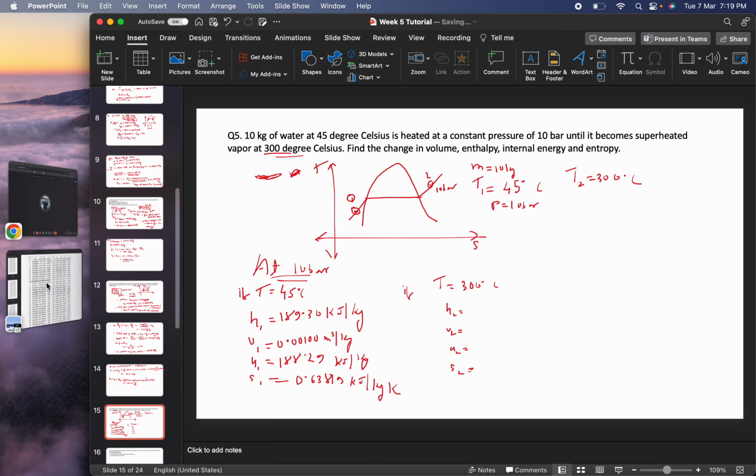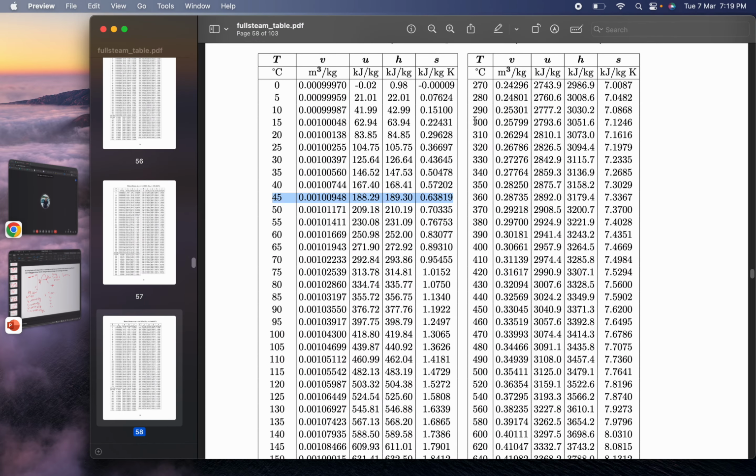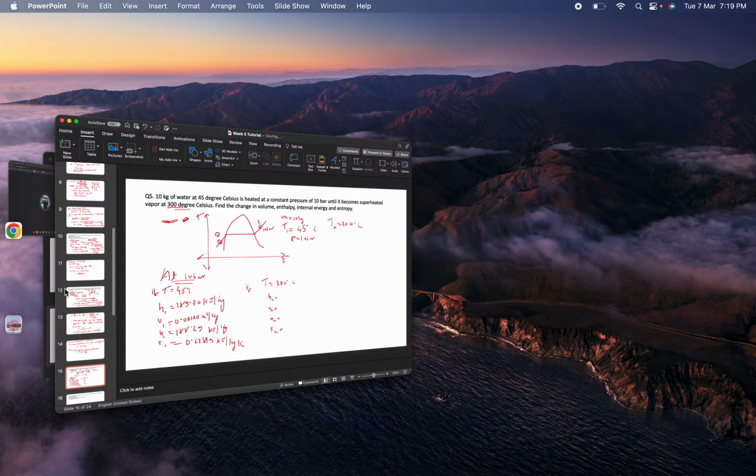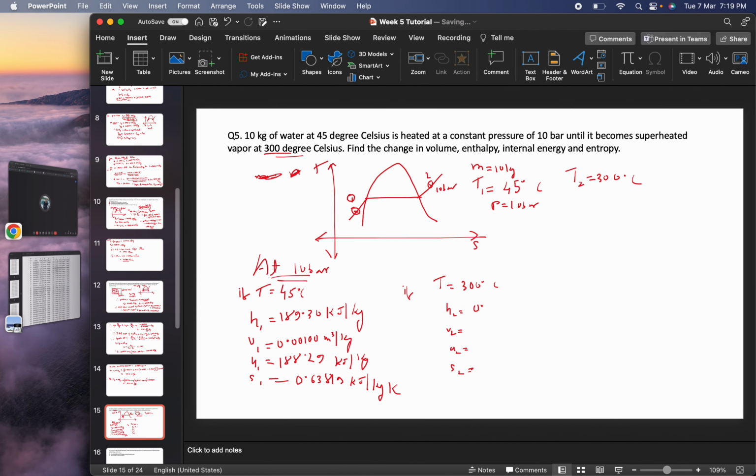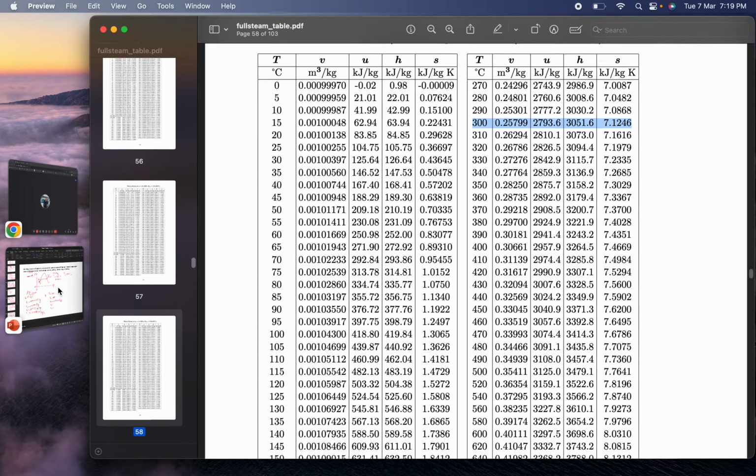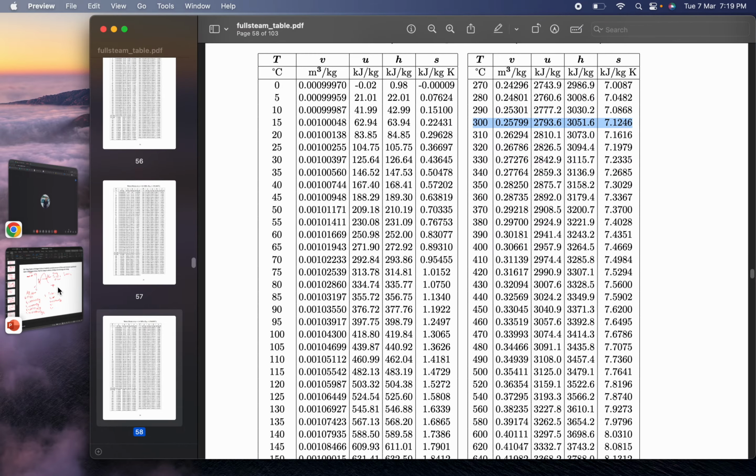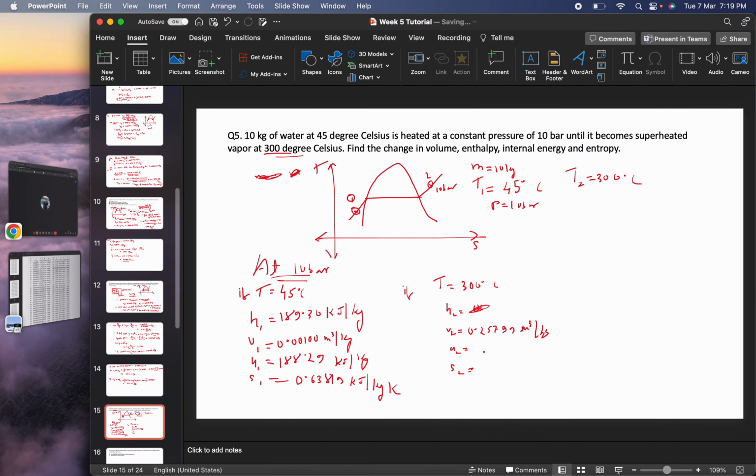Okay, similarly at 300 degrees Celsius also you need to see the values. Volume value 0.25799 meter cube per kg. Okay, and U is 2793.6 kilojoule per kg.